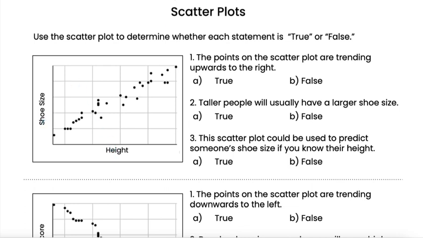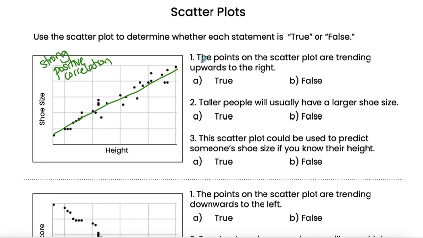And we can see from this graph, if I was to draw a line of best fit through this data, it goes up from left to right. So we have a positive correlation. I can also see that my dots are very close to my line of best fit. So this would be a strong positive correlation.